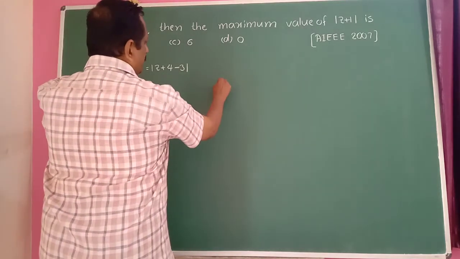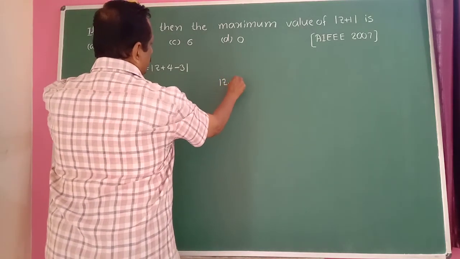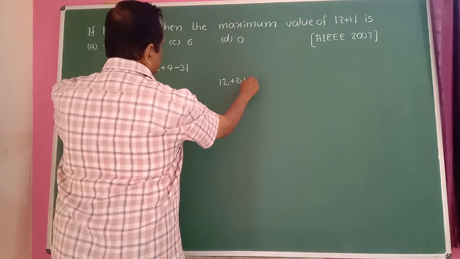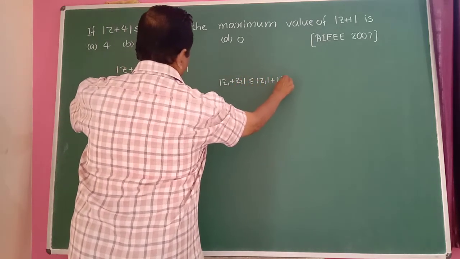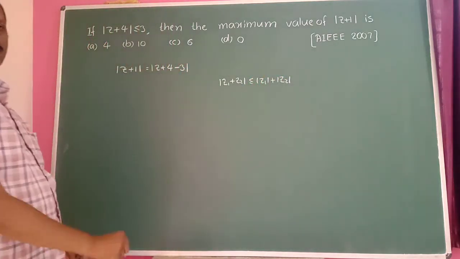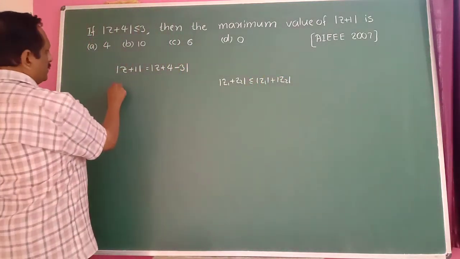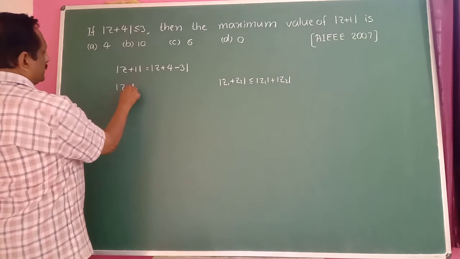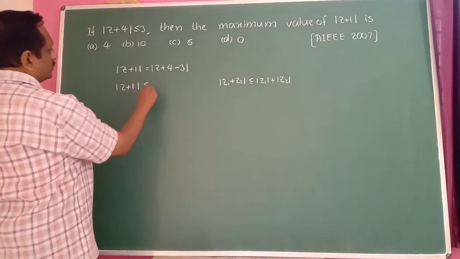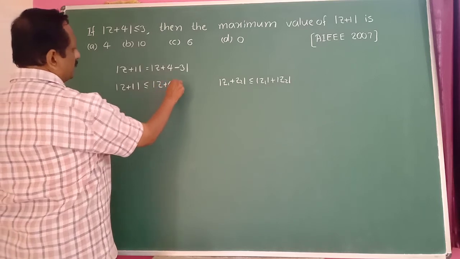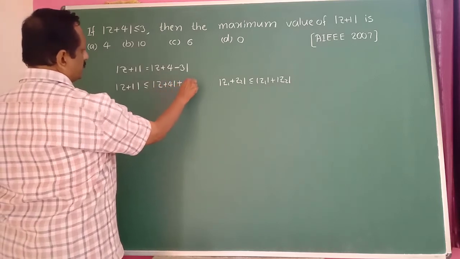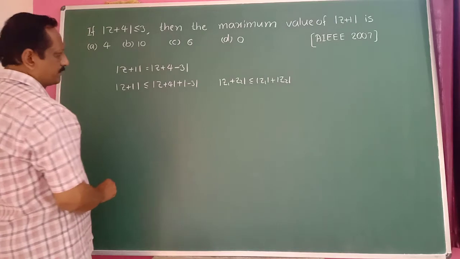Again, you know the formula, modulus of z1 plus z2 is less than or equal to modulus of z1 plus modulus of z2. Therefore, modulus of z plus 1 is less than or equal to modulus of z plus 4, plus modulus of minus 3.